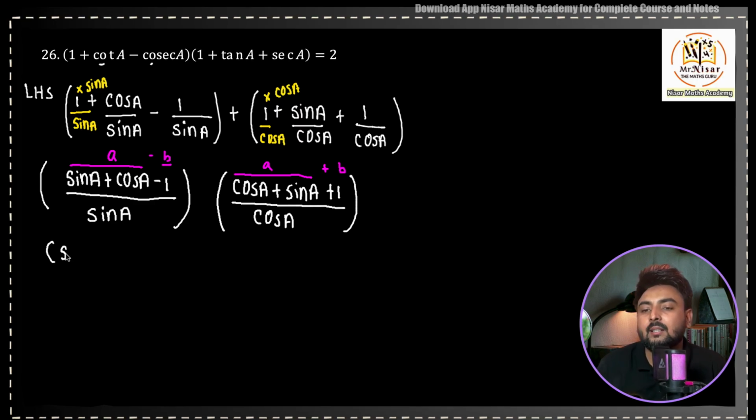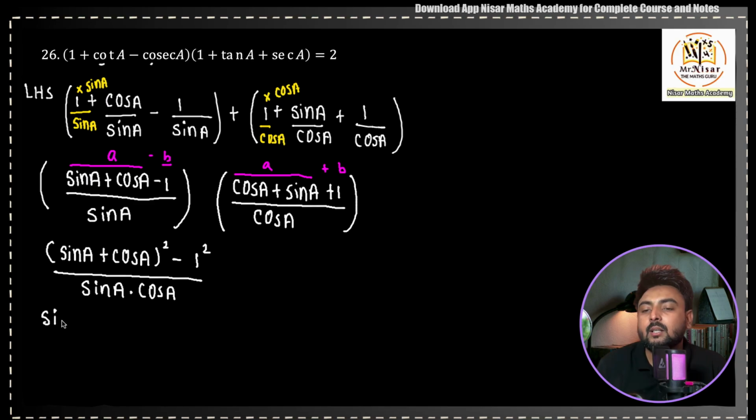So can I write here like this? Sin a plus cos a, this is a square. A plus b into a minus b becomes a square minus b square, upon, in the denominator, what we have? Sin a into cos a. Then a plus b whole square becomes what?